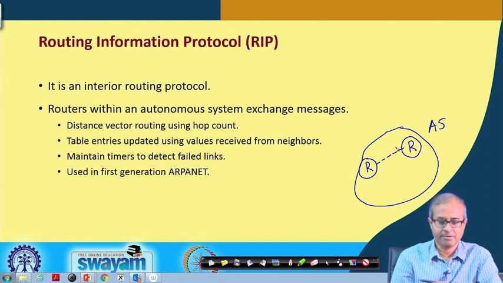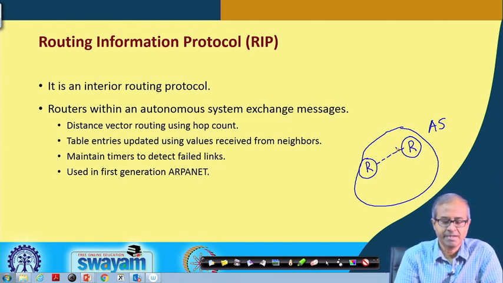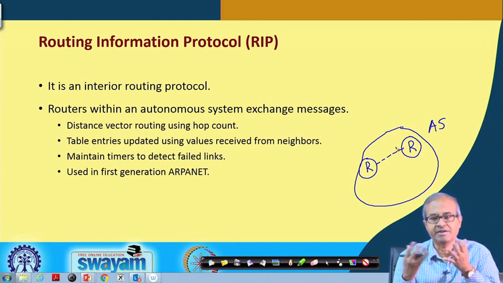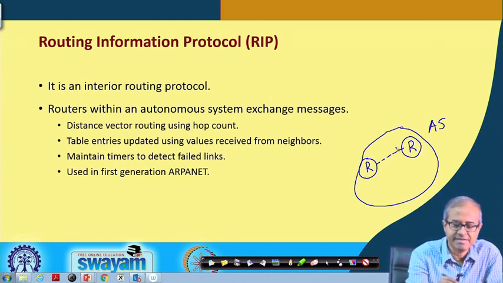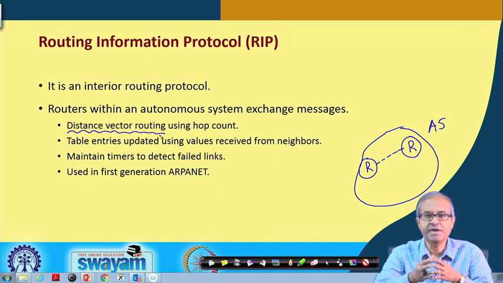Now, in RIP, the way the routing tables are updated is a very standard method called distance vector routing. I am not going into the detail of these methods. They are given in significant detail in any standard textbook on computer networks. You can go through them if you are interested.